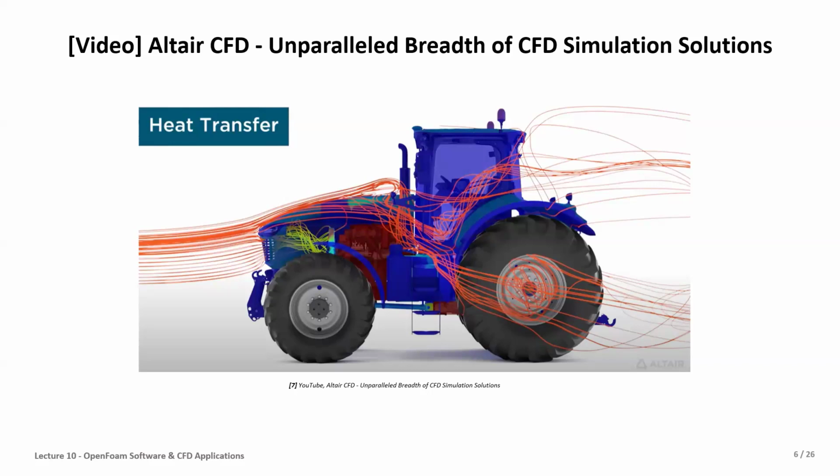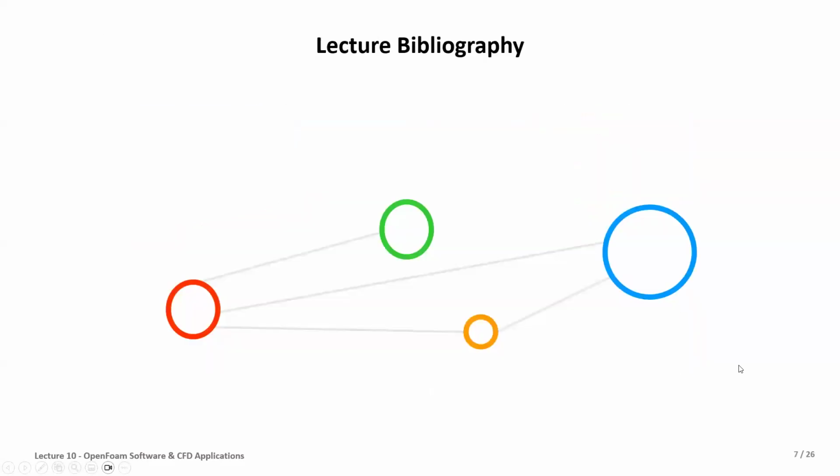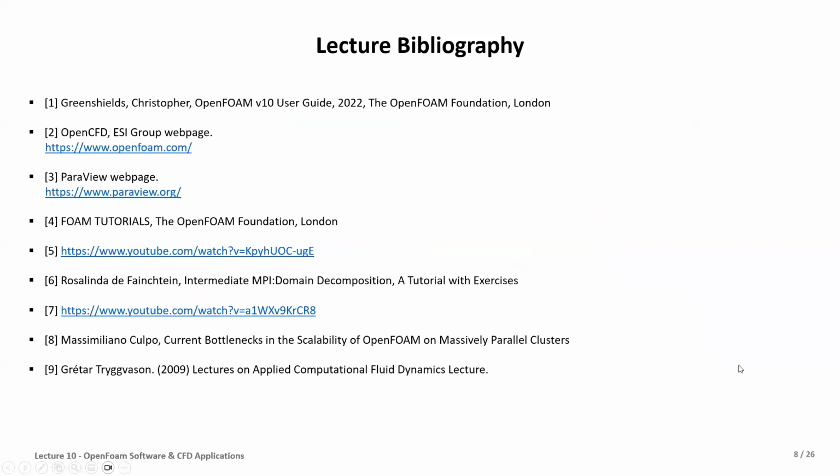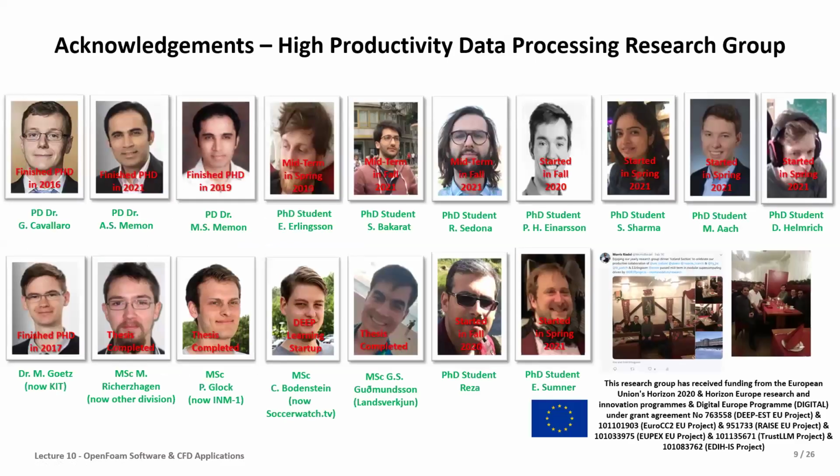It's from Altair CFD, which shows how the CFD simulation helps to see many features of the flow around the object and the machinery. And you will have the link of this video in the reference of this slide.